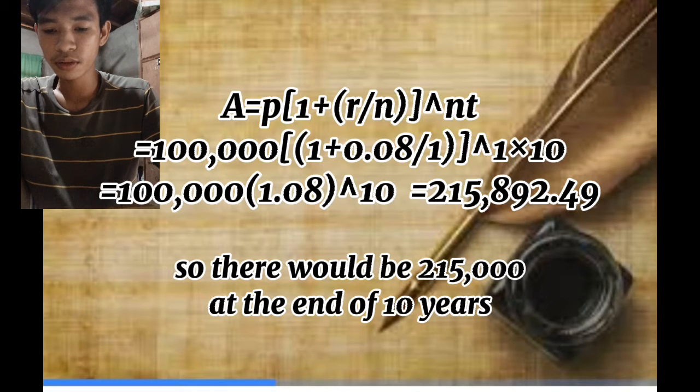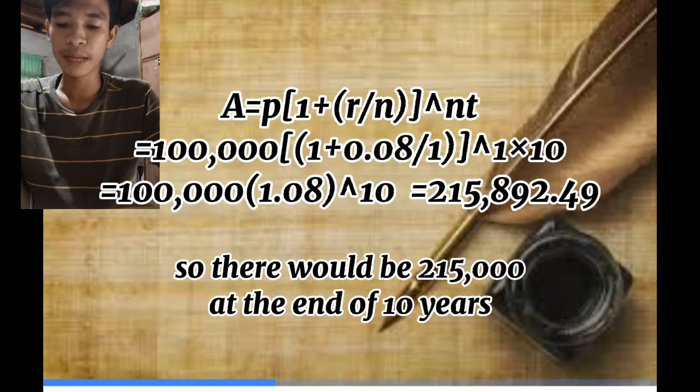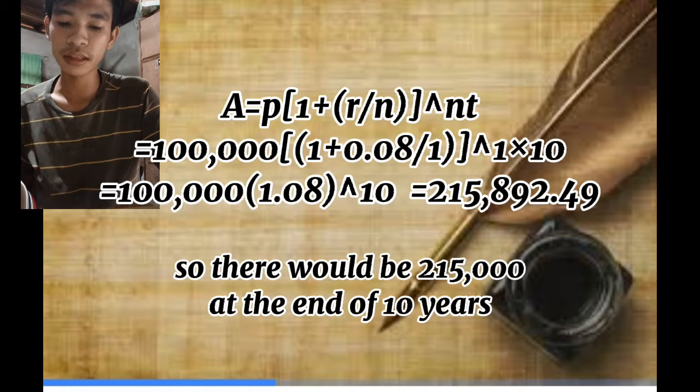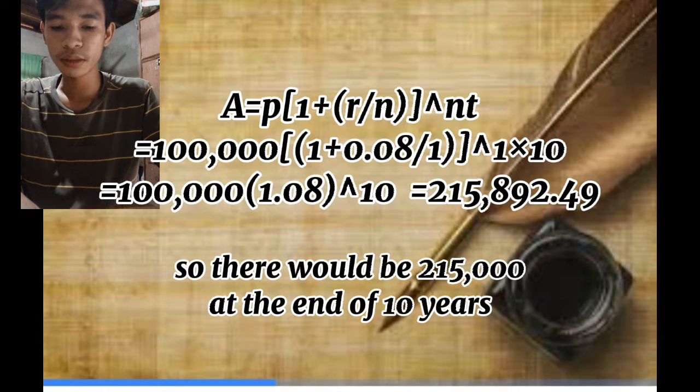The first thing is 0.08 divided by 1. Plus 1, we have 1.08. Then copy the 100,000 below. So we have 100,000 times 1.08. Then 1 times 10 equals 10.